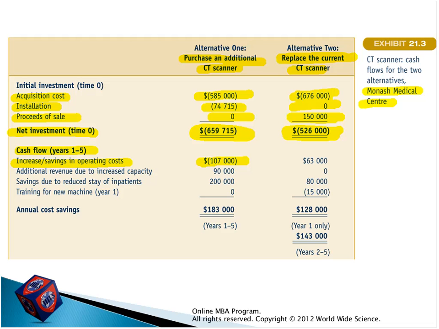And the project 2 shows a positive figure, 63,000 of savings in operating costs. For example, let's say this is a new CT scanner which has replaced the old one. It's a newer model, maybe with some additional functions.